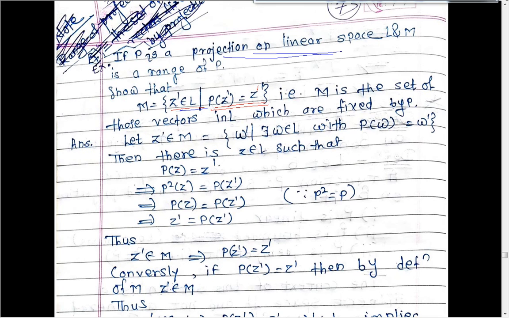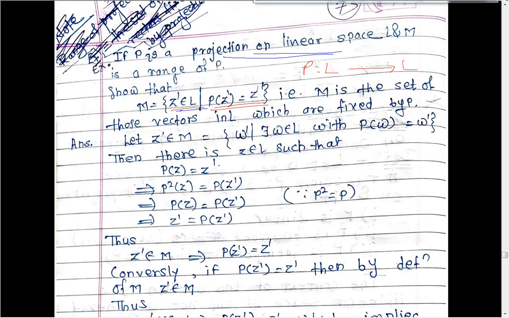Note that P is a function on L. It is a projection on L, means it is a function of the type L to L which is linear, bounded and idempotent. Idempotent means P composition P equals P. So this property is fairly simple.